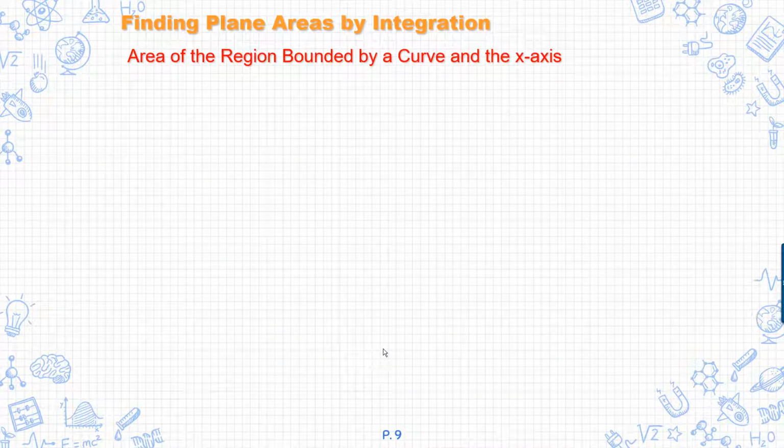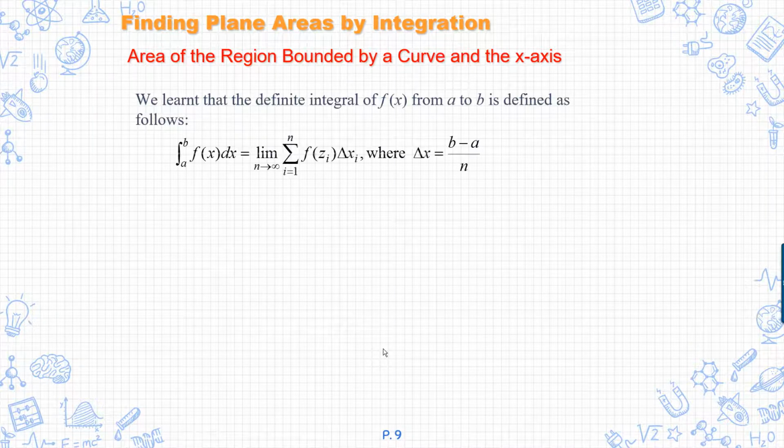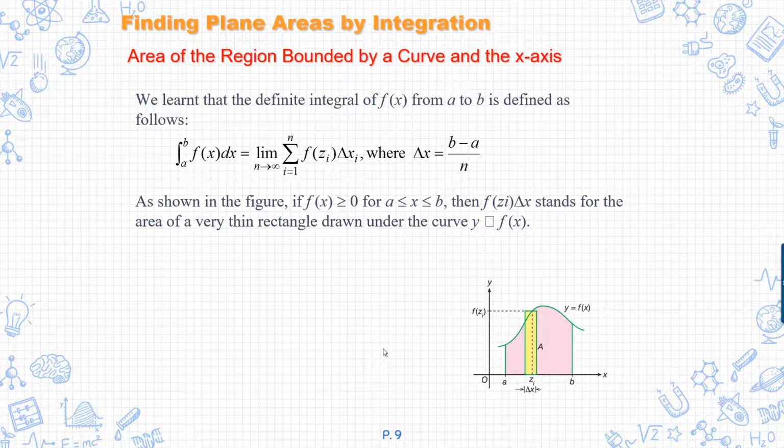Let's quickly start with finding the plane area using integration. Area of the region bounded by a curve with the x-axis. We have seen that the definite integral gives the algebraic area under the curve.